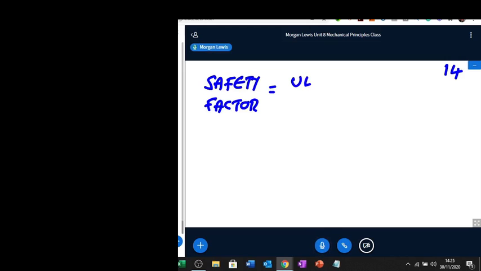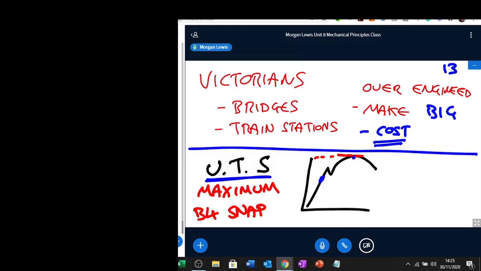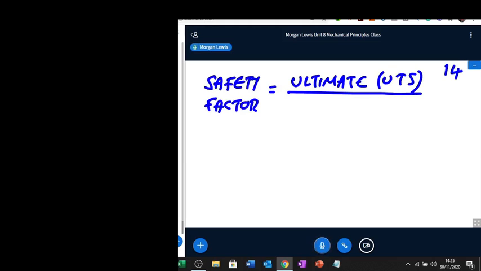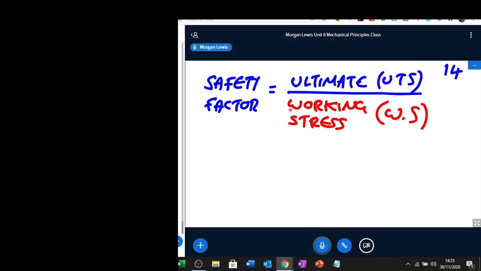The ultimate, UTS, which is this number here, whatever it is, divided by the working stress. WS. Why is it WS? Good question. Working stress.